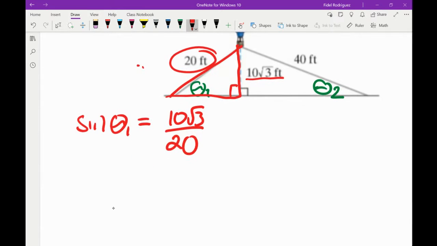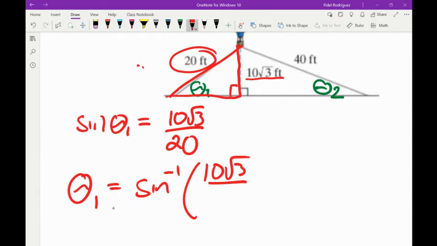And so if we wanted to find our theta 1, we would say theta 1 is going to be equal to the inverse sine of 10 square root of 3 over 20. Because that's the side right here.